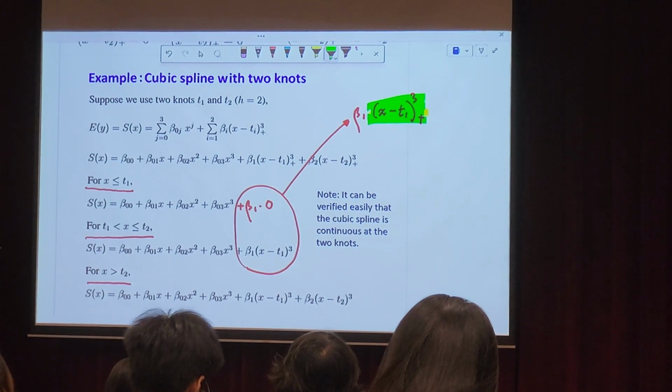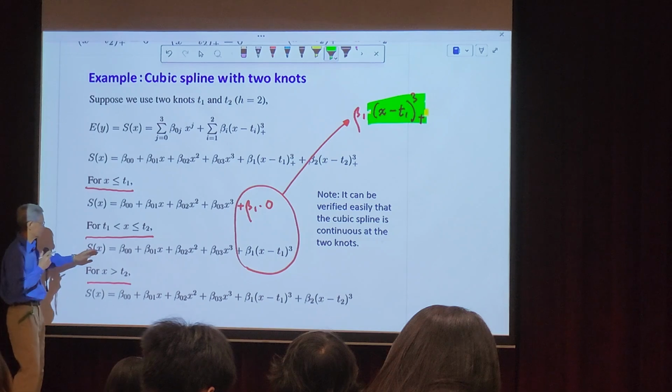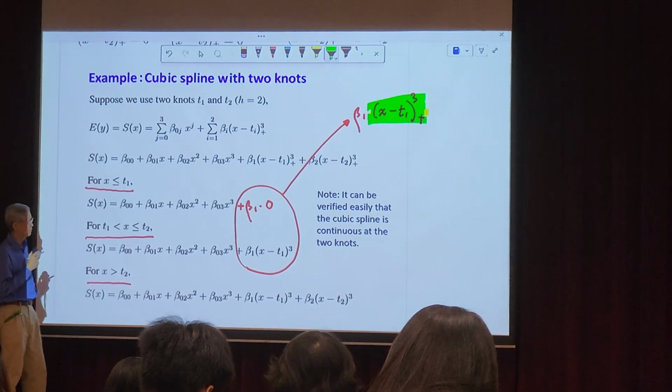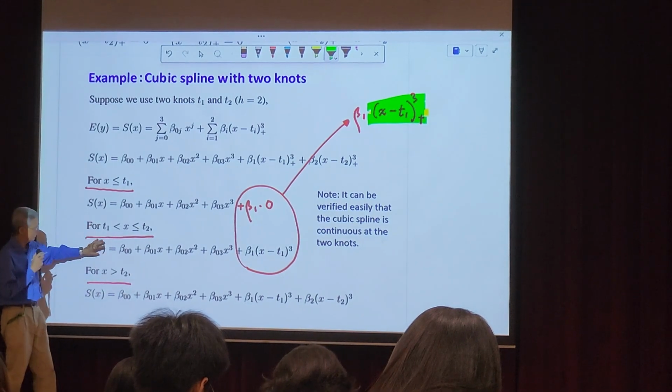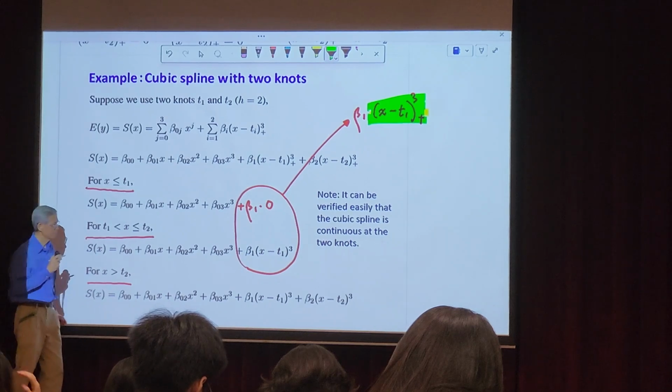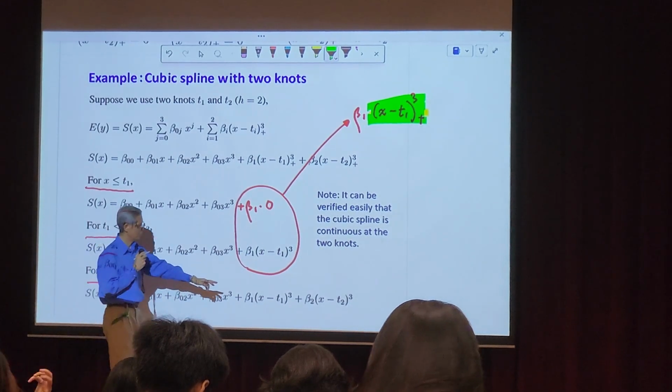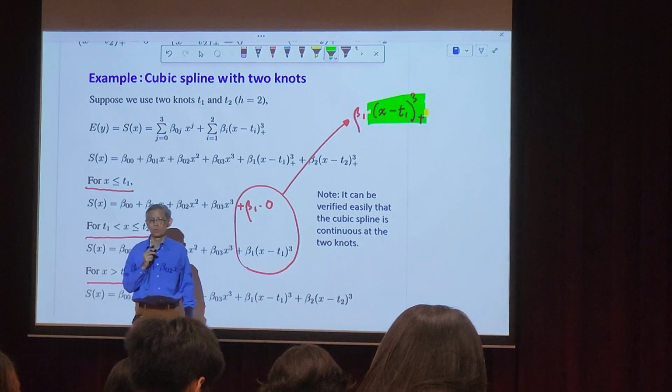Okay? Next, let's go on to this. Now, how do I ensure? Now, if you look at the polynomial here and the polynomial here, are they continuous at the point T2? They are.